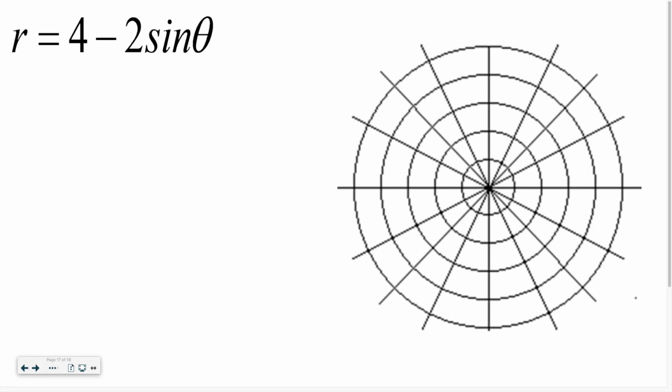Okay, last one, and then I'll get you to your worksheet. Was convex greater than or equal to 2?